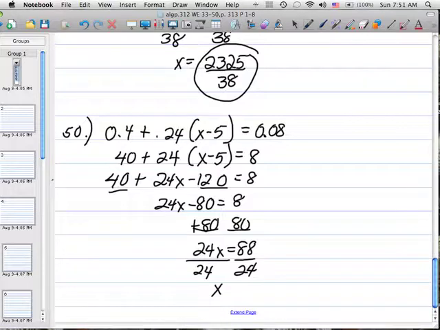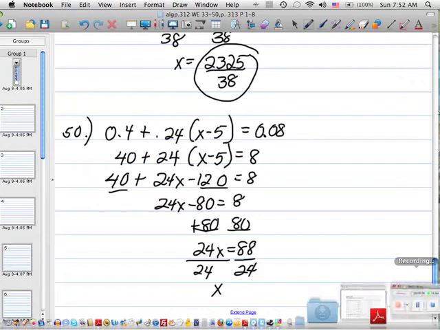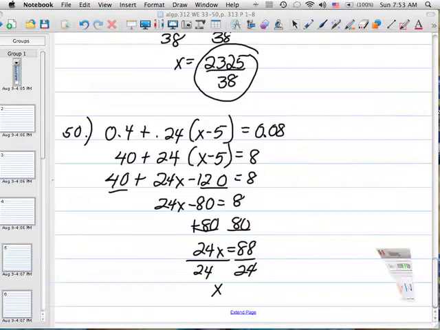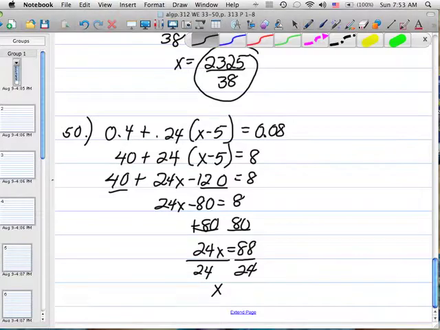And we have a mistake here. The mistake was me forgetting to put the x here. So that's 40x.